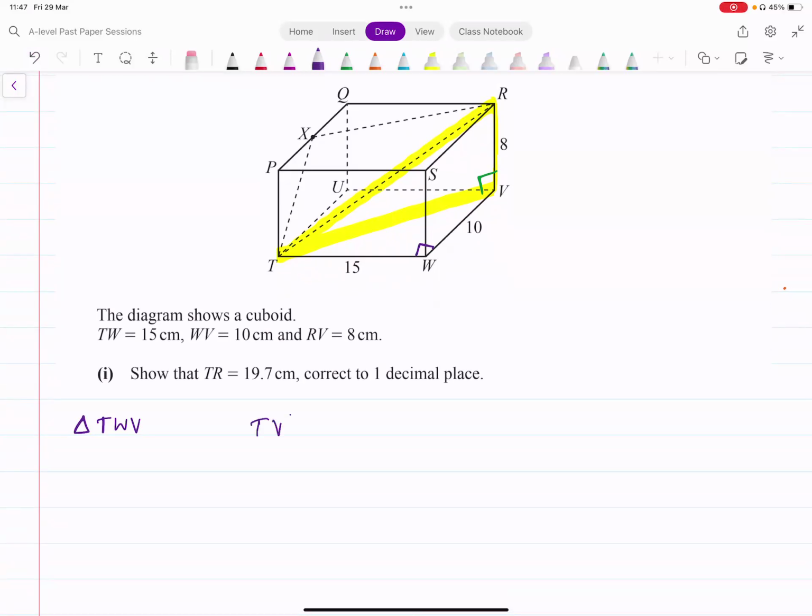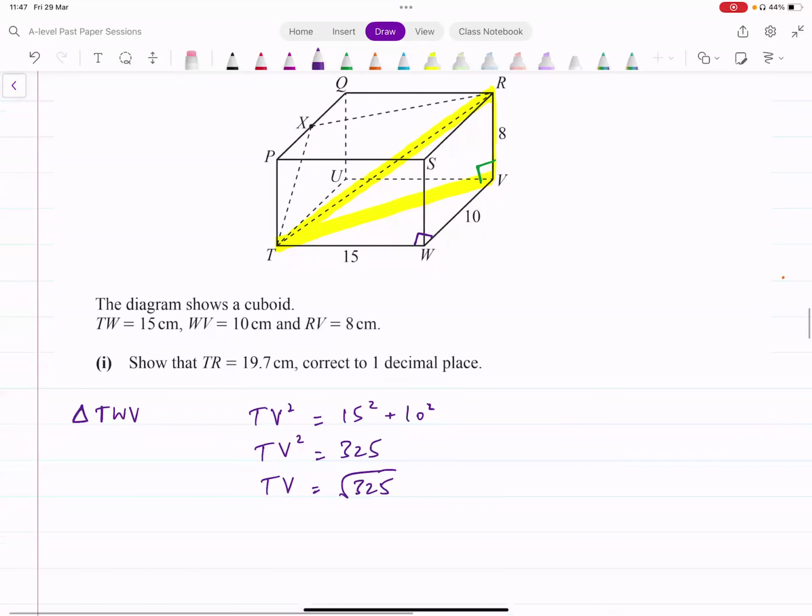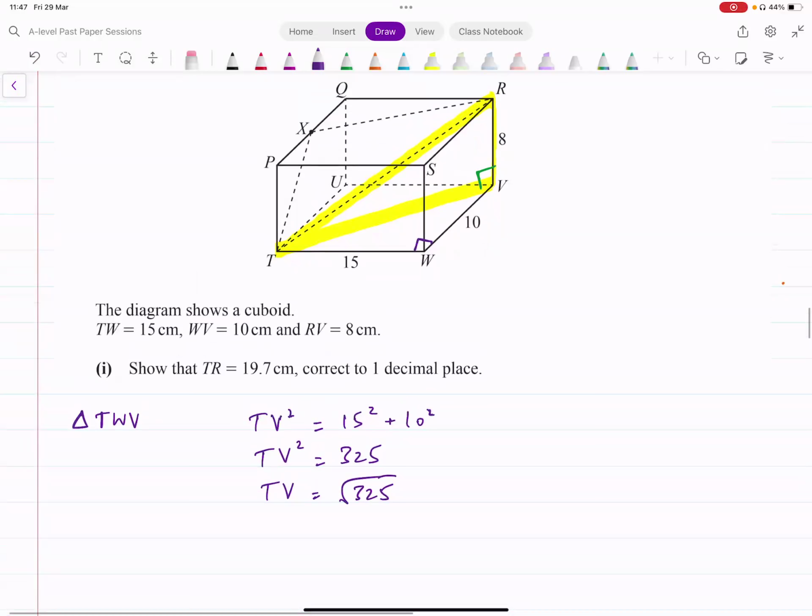We can say TV squared is equal to 15 squared plus 10 squared. And that's going to give us the value for TV. TV squared turns out to be 325. And then TV is the square root of 325. You can just leave it like this because we have to use it further now.